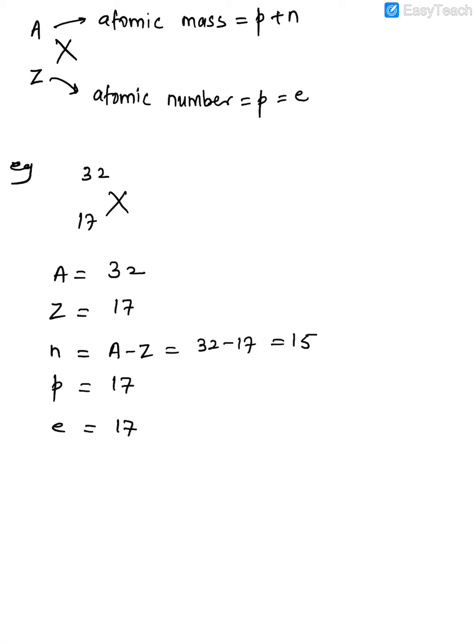You need to know that electrons have the least mass, whereas protons and neutrons have the maximum mass. About the charge, a proton is positively charged, so it's plus 1.6 into 10 raised to minus 19 coulomb, whereas electrons are negatively charged, so the value is the same but the sign is a minus, and neutrons have no charge.